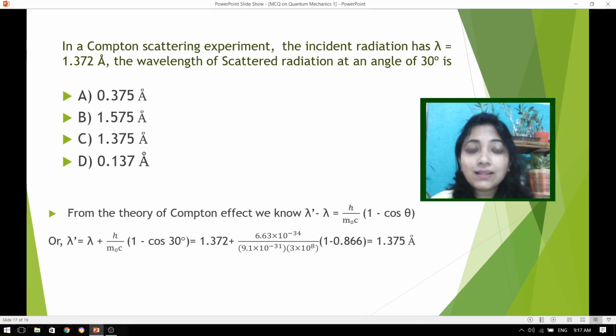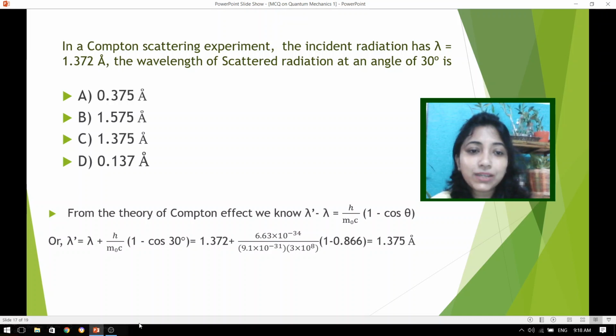We will remember that from the theory of Compton effect, we know that Compton shift is equal to h by m0c (1 minus cos theta). In this scenario, the wavelength lambda has been given to us. Also, the angle of scattering is given, which is 30 degrees.